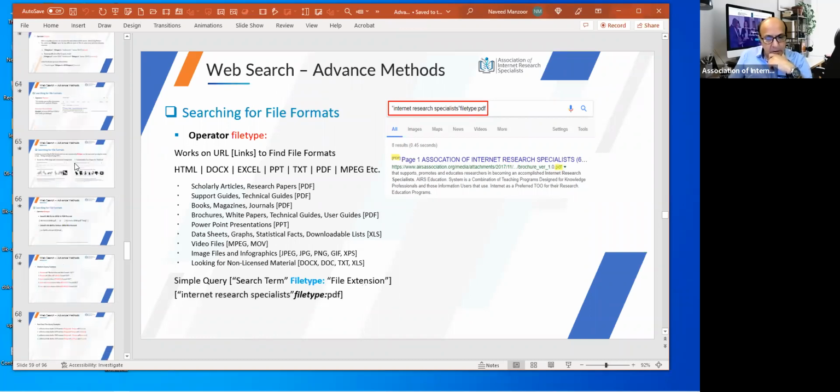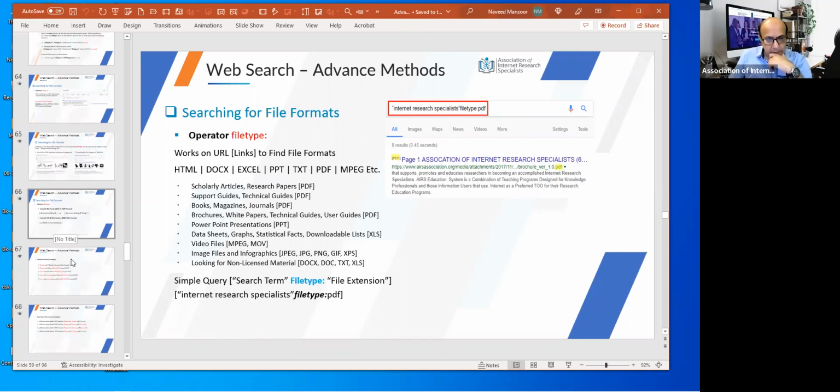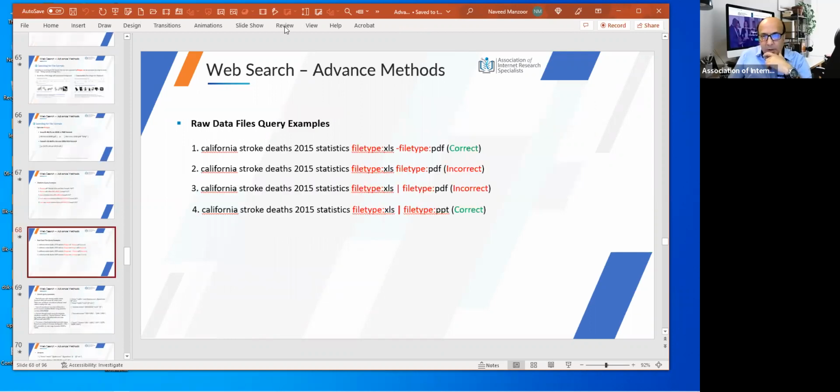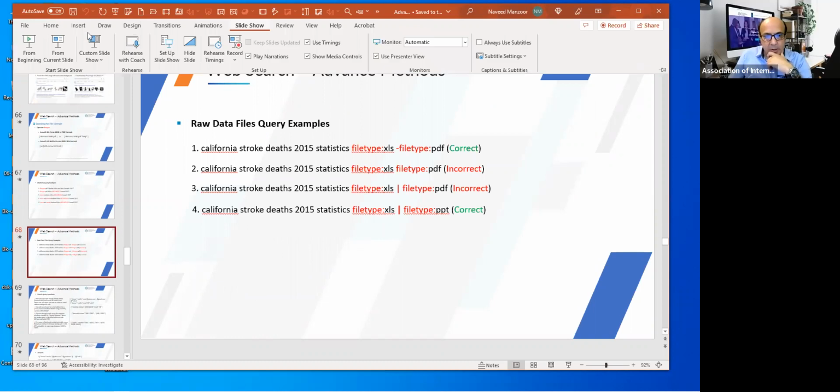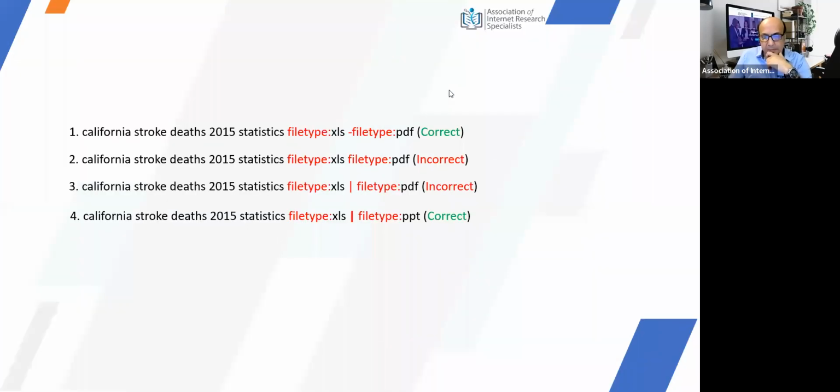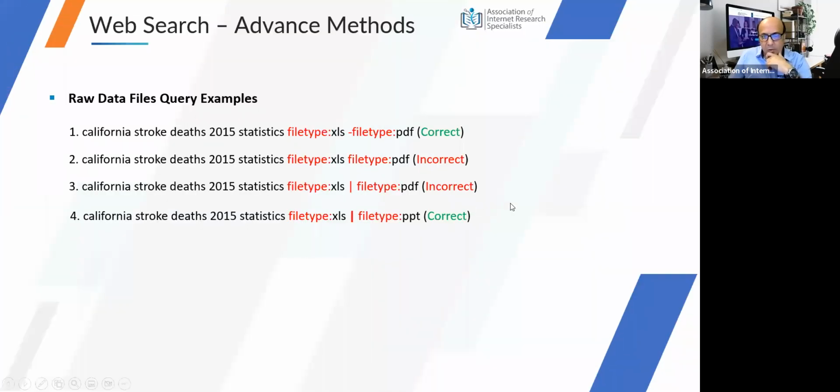Let's run some examples. This is more important to understand: whether or not we can search for different file types at once, or whether we can create search queries in a single search string where we can look for multiple types of files at one time.